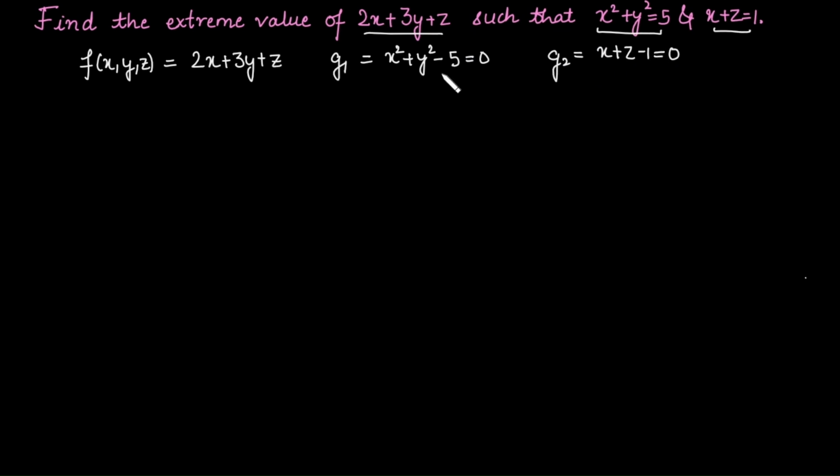In this case, rather than taking one multiplier, we will take two multipliers in the auxiliary function. The auxiliary function is written as capital F is equal to the given function plus lambda 1 times the first condition plus lambda 2 times the second condition, where lambda 1 and lambda 2 are the Lagrange multipliers.